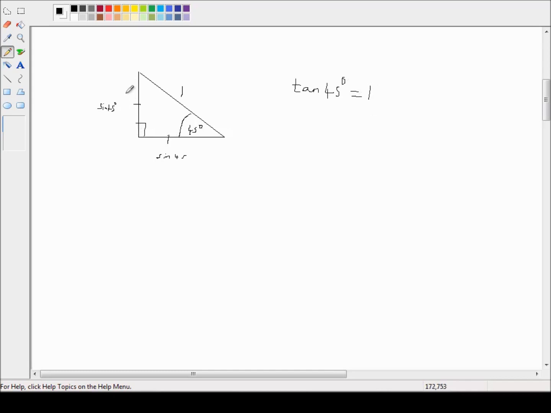Now, as for the sine of 45 degrees, Pythagoras' theorem tells us that a squared plus b squared equals 1, where a squared is sine 45 degrees squared, and b squared is also sine 45 degrees squared.